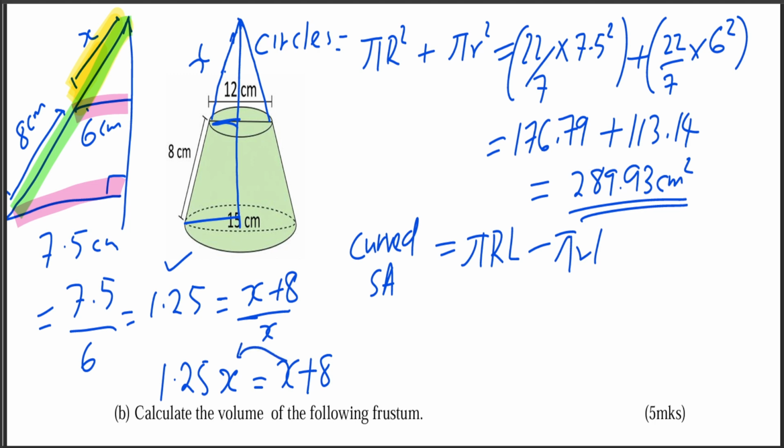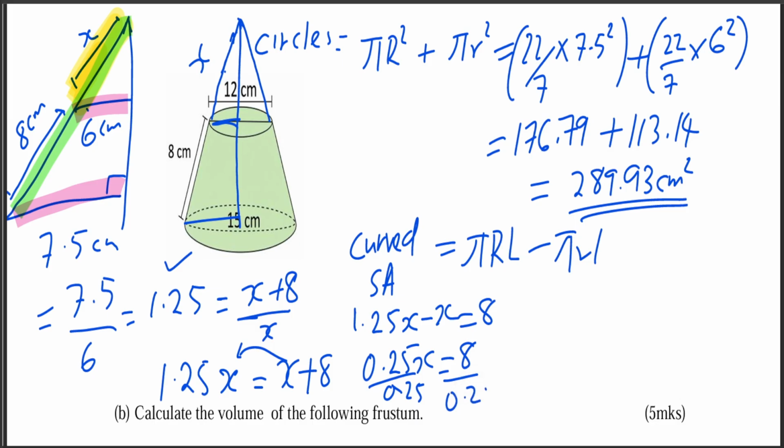Take x to the other side, and that is why 1.25x minus x is equal to 8. 1.25x minus x is 0.25x, which is equal to 8. Divide by 0.25. And therefore, x is equal to 8 divided by 0.25, which is going to give you 32 centimeters.